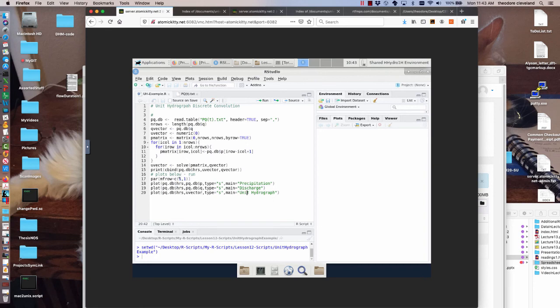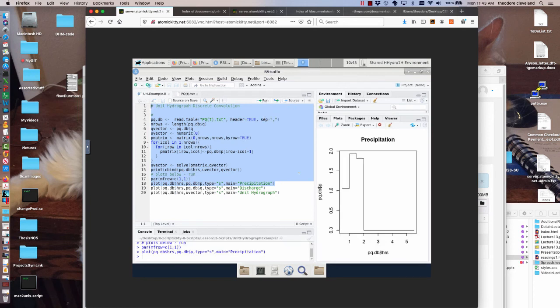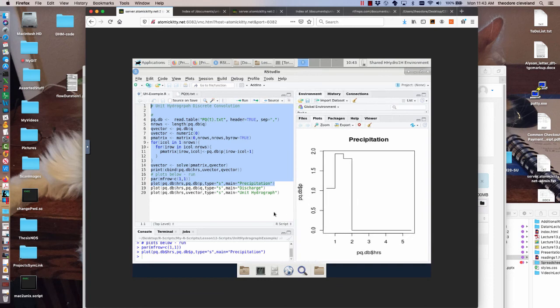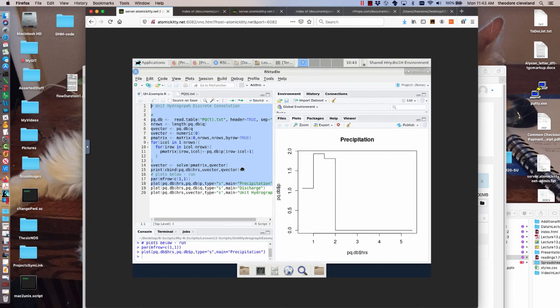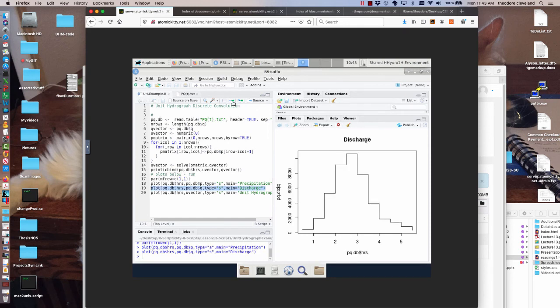And so given our real estate, we'll do it this way. I'll do 1 plot at a time, and then we'll modify it. So there's our first one, the precip. There's our discharge.